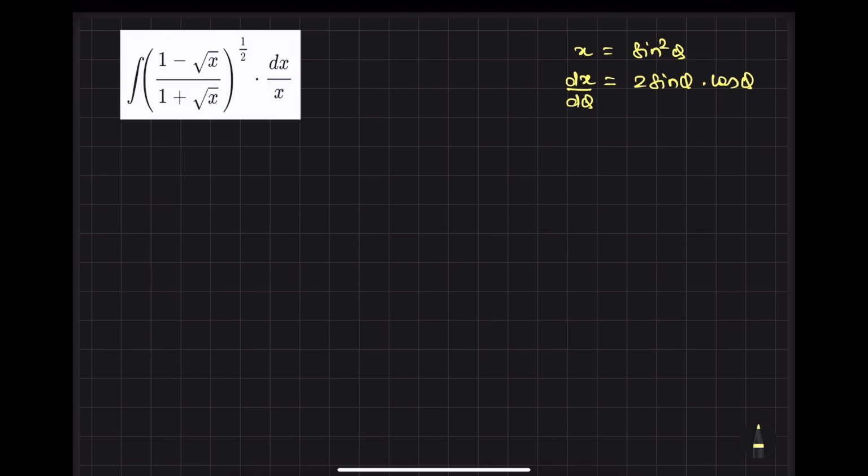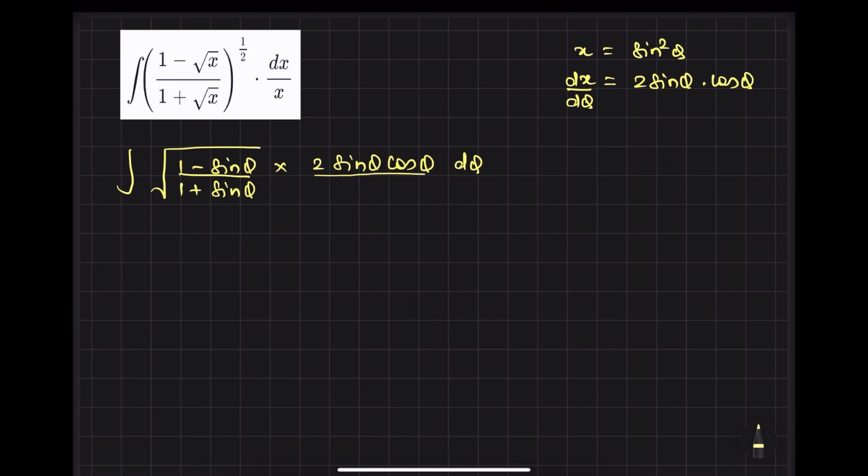Now let's do the substitution. So it is root over (1 minus sin theta) upon (1 plus sin theta), and in place of dx we can write 2 sin theta cos theta d theta, and we have x.